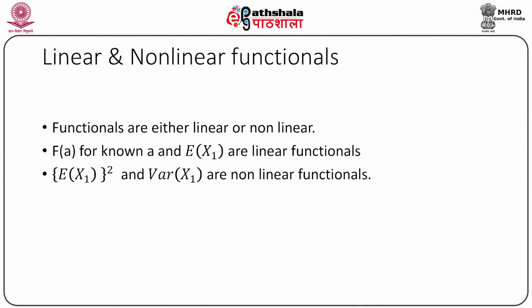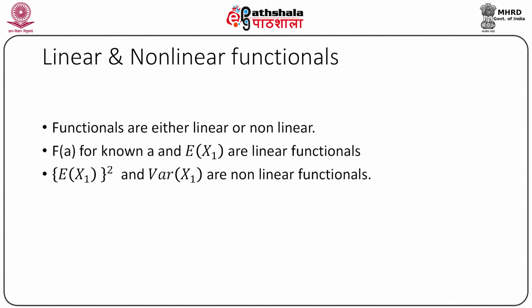So if we calculate the functional considering this distribution function, then if theta based on alpha f1 plus 1 minus alpha f2 is not equal to alpha into theta f1 plus 1 minus alpha into theta f2 for every alpha, then the functional theta is called nonlinear.